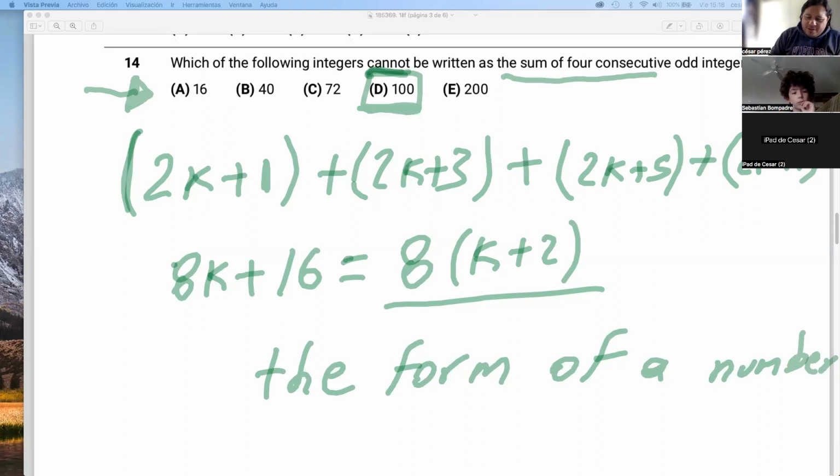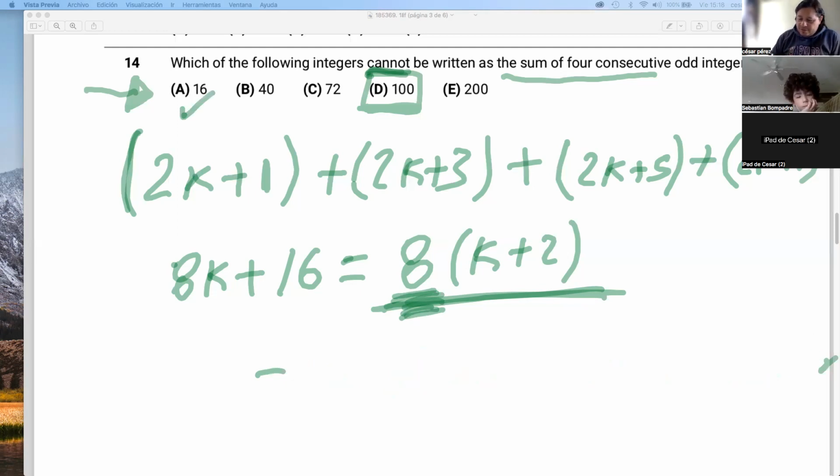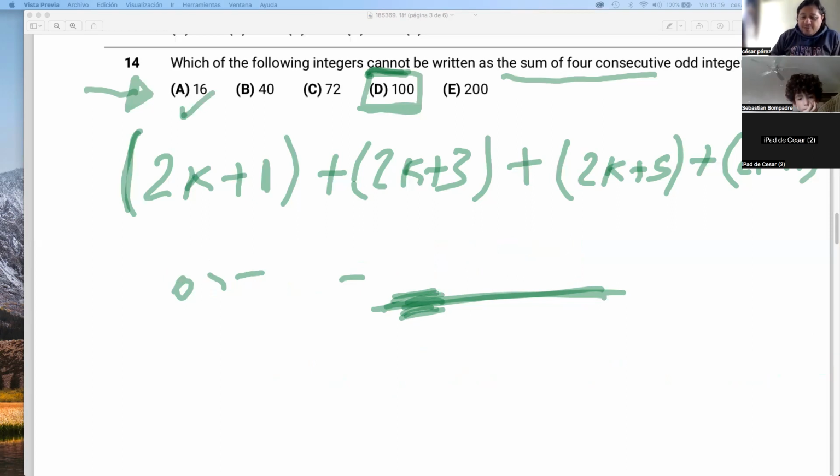For example, in this solution, we can see that every solution will be a multiple of 8. 16 can be. So, for example, okay, we can find the 4 numbers that add up to 16.